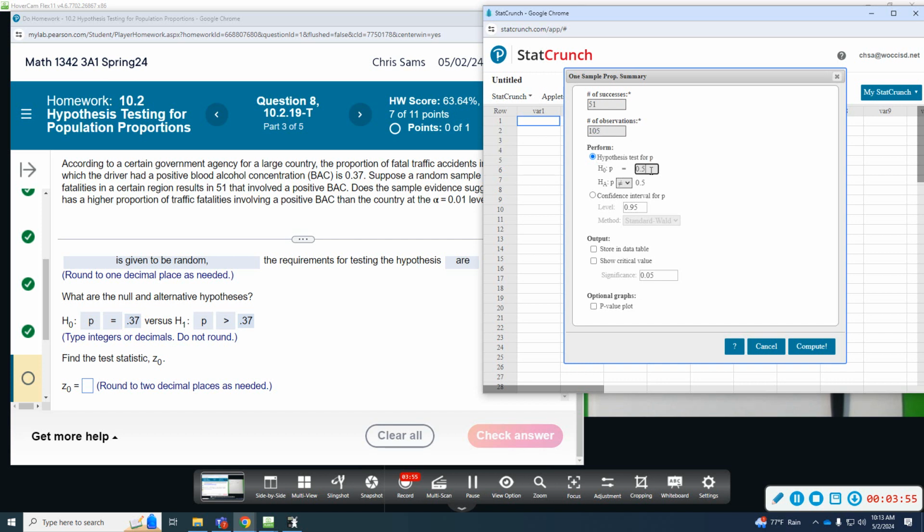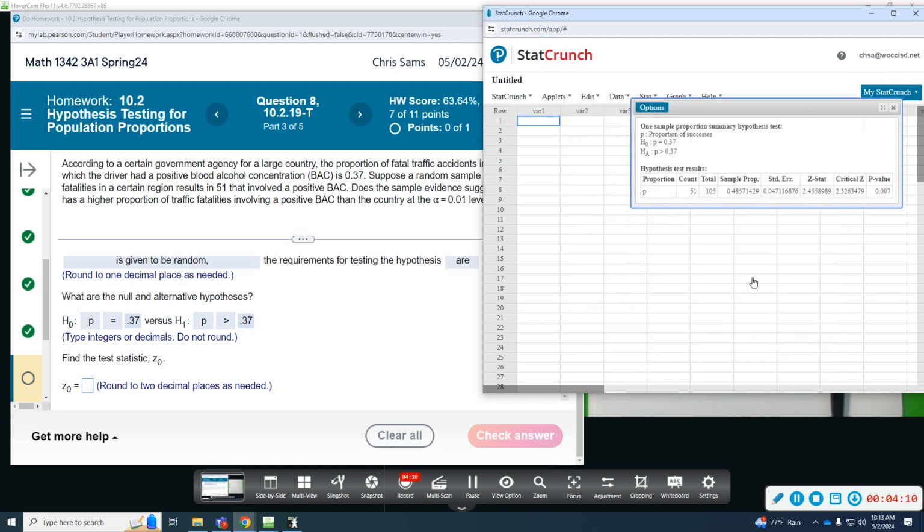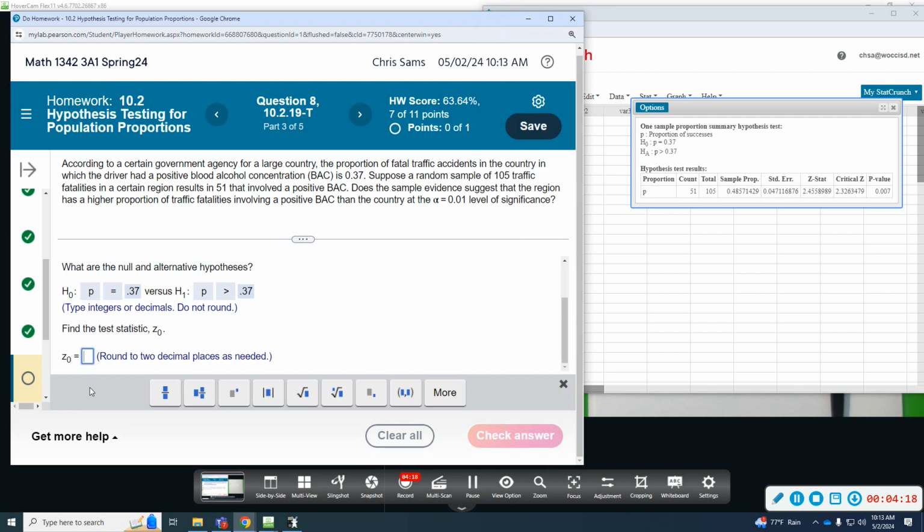The P was 0.37, and we want greater than, alpha 0.01. All right, so our Z stat right here is 2.46 to 2 decimal places, when rounded.